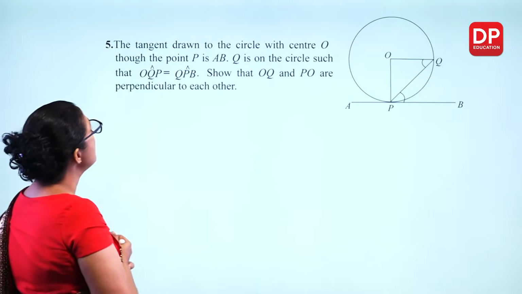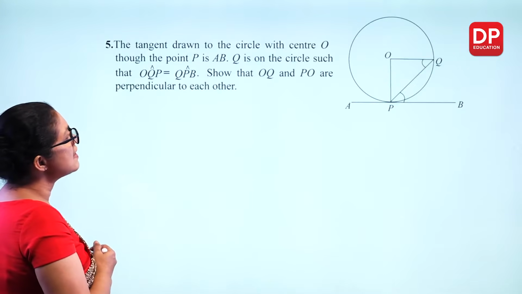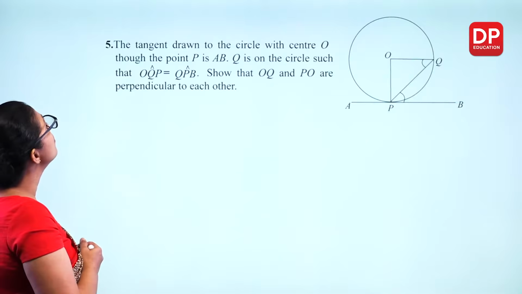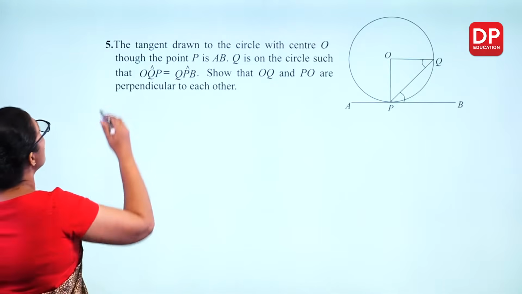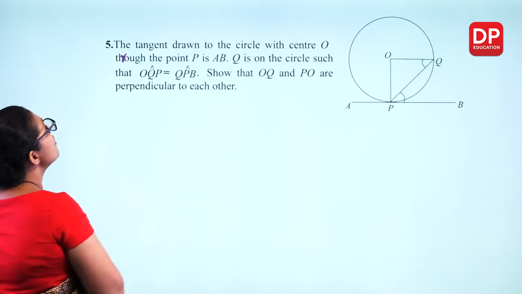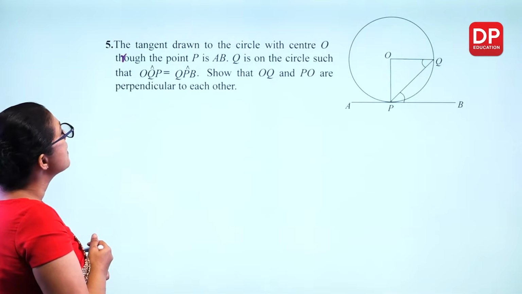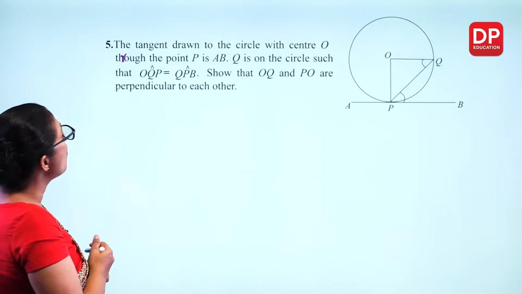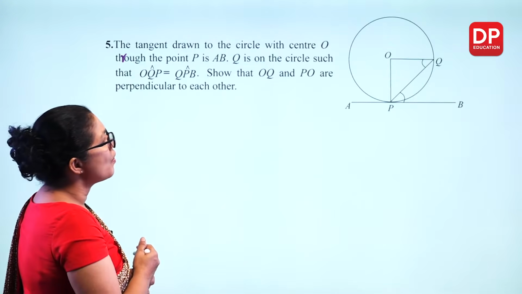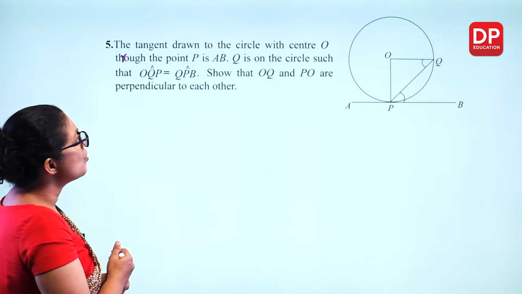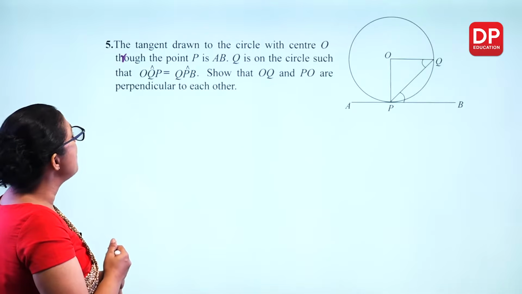Question number 5. The tangent drawn to the circle with center O through the point P is AB. Q is on the circle such that OQP is equal to QPB angle.